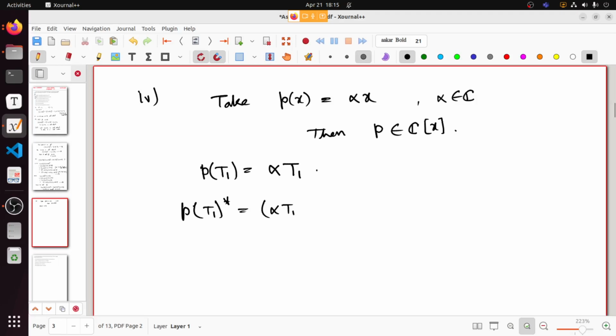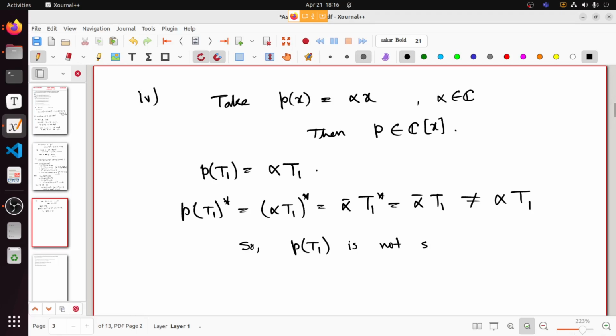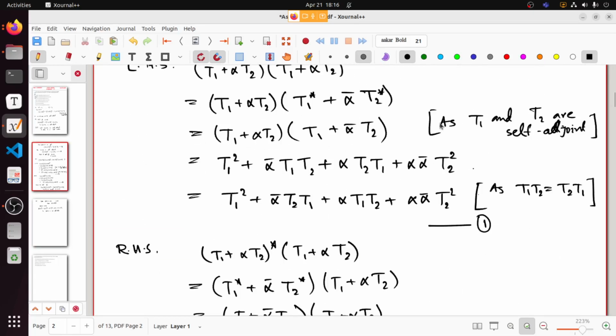This is alpha T1 star, means alpha bar T1 star. T1 star is self adjoint, so it is alpha bar T1. So this is not equal to alpha T1, right? So P(T1) is not self adjoint. So option number 4 is false.